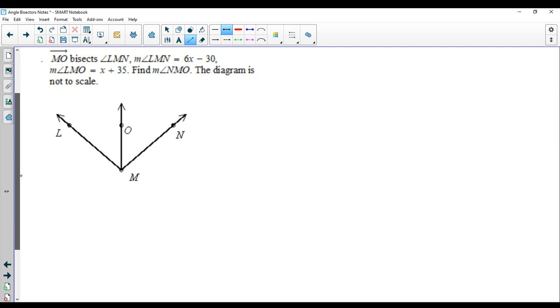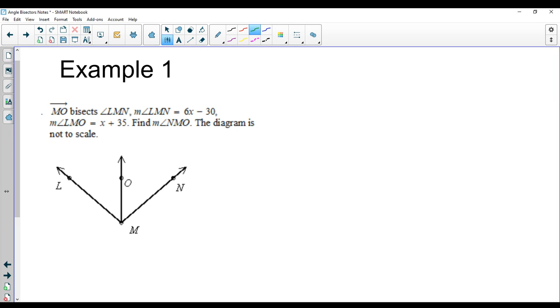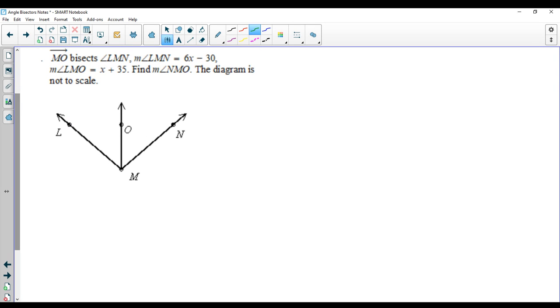So here's the work you're going to see with angle bisectors. So this first example, let's read the problem, okay? So ray MO bisects angle LMN. Okay, so let's look at our picture. LMN is our big angle.